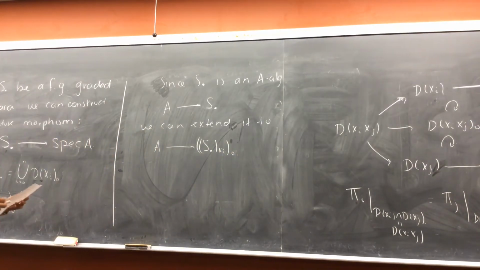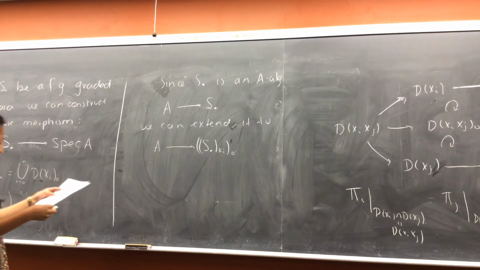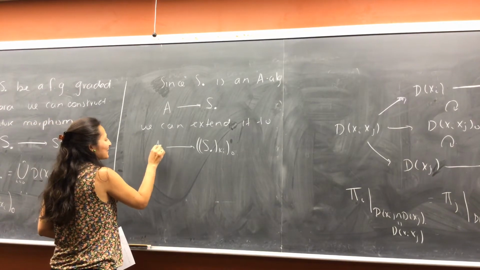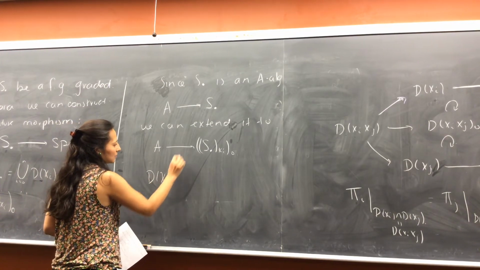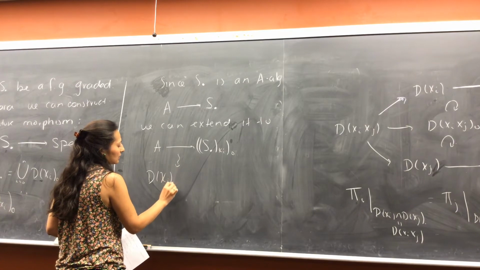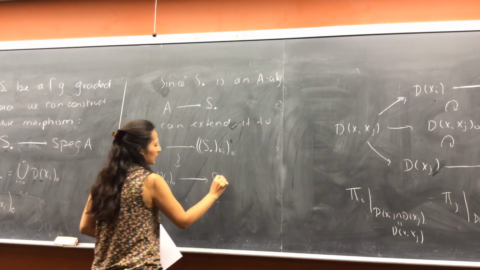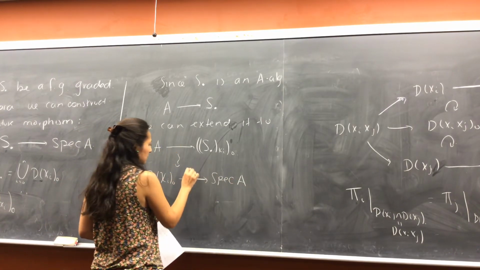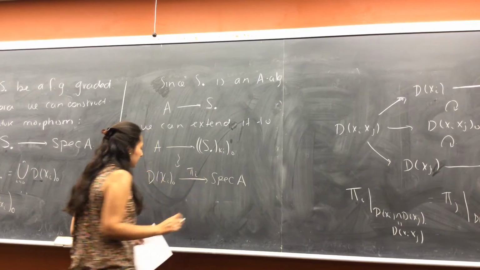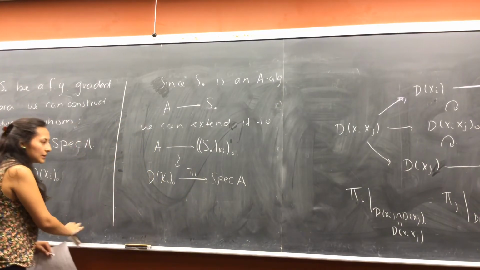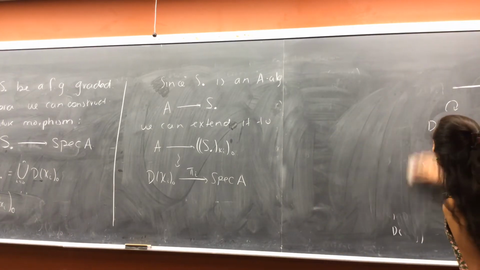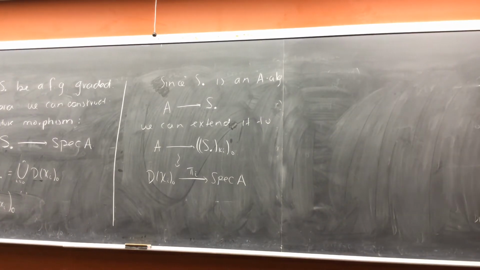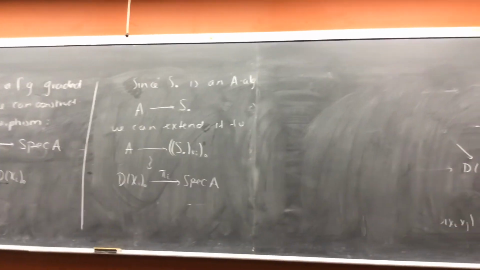Probably call it pi_i. Okay, so from these maps, thinking in schemes, this induces the map D_+(x_i) to Spec A, which I'll call pi_i. And the idea is pretty similar on seeing how these maps actually glue.